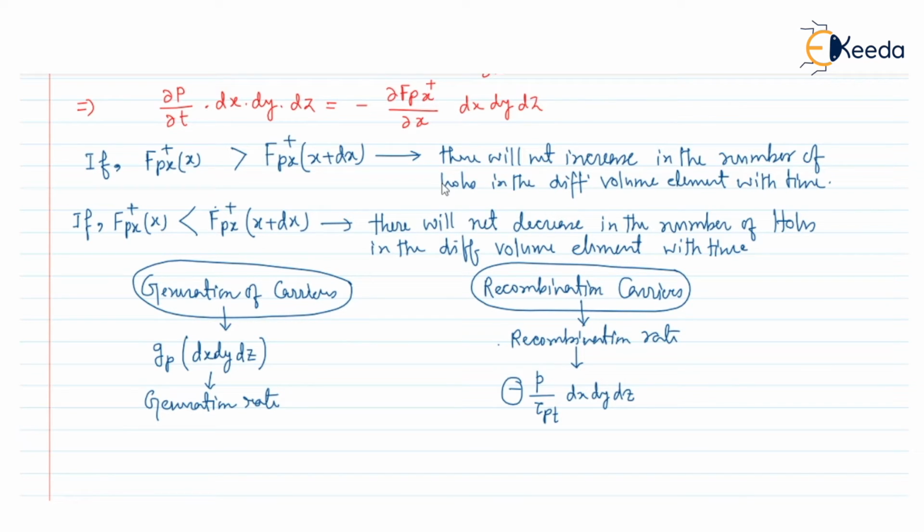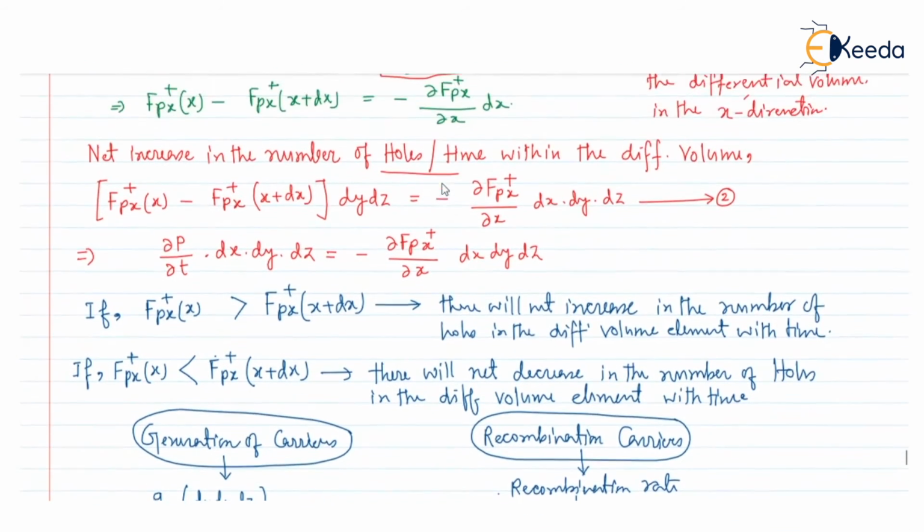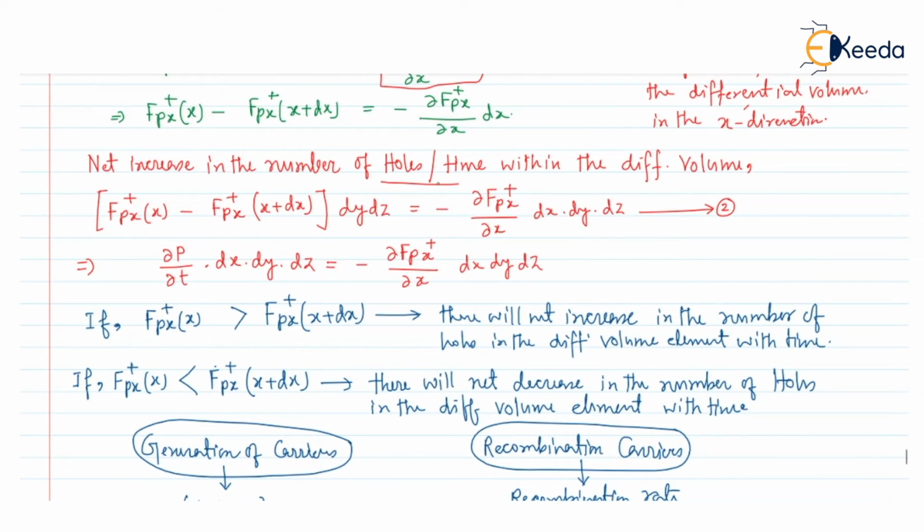So we can modify equation 3 using this information of generation and recombination, like this.